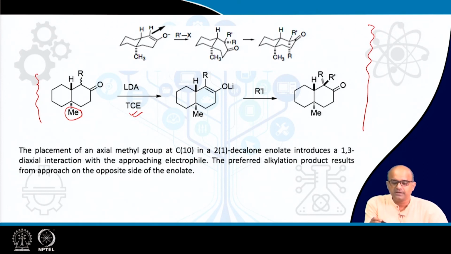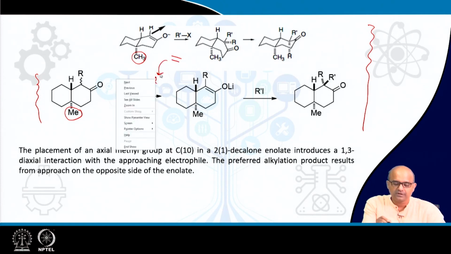Now, where will the incoming electrophile approach from? The bottom face, which was open earlier, is now blocked by the angular methyl. The enolate is a flat sp2 system, and the bottom face, meaning the alpha face, is definitely blocked.